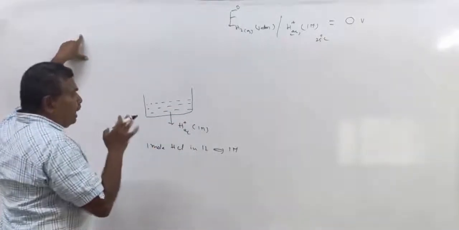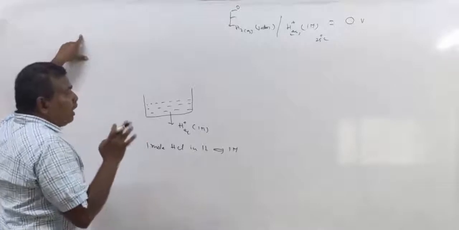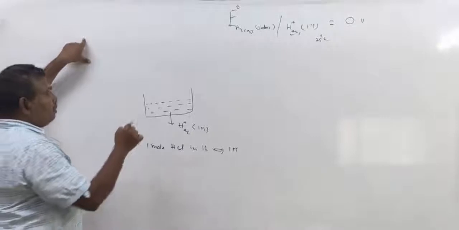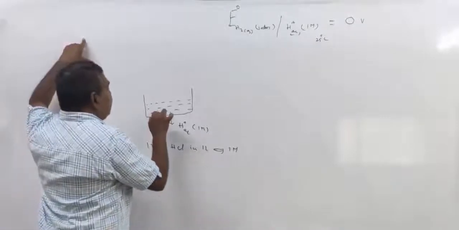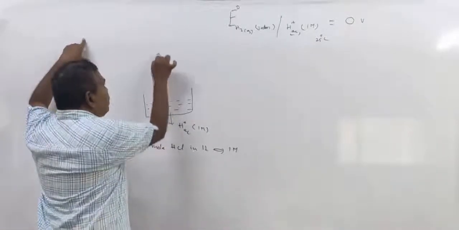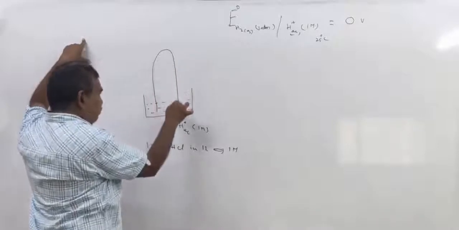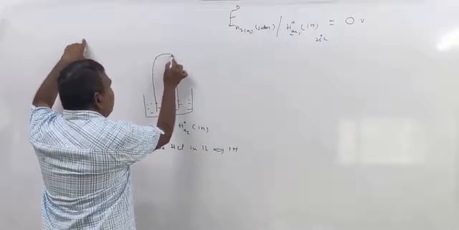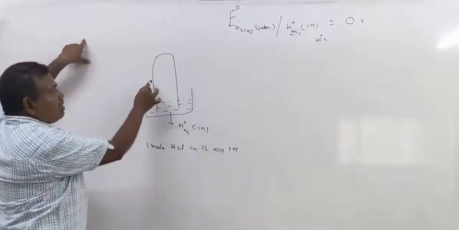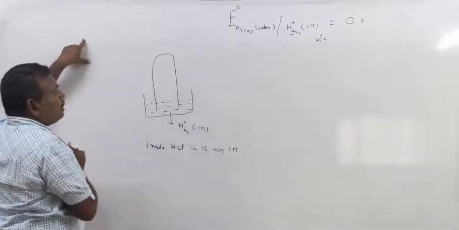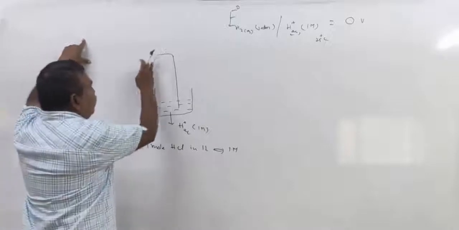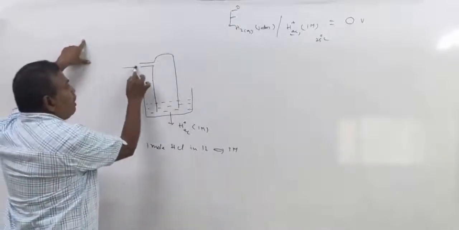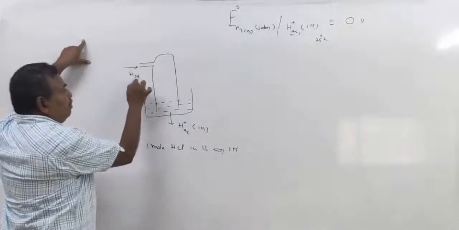So how to make hydrogen molecules in contact with H plus ions? That is the problem. So for this purpose, a glass jar is inverted like this in the solution. And there is a provision to pass hydrogen gas from here.